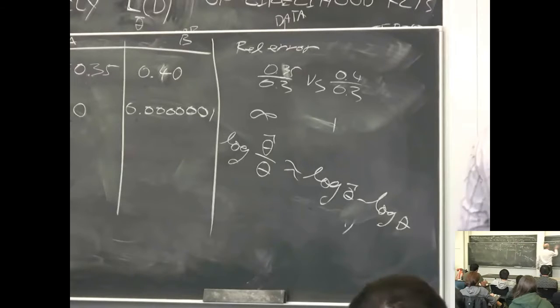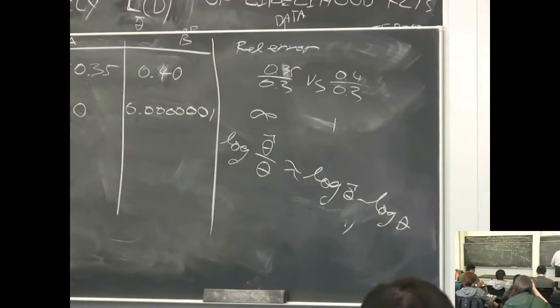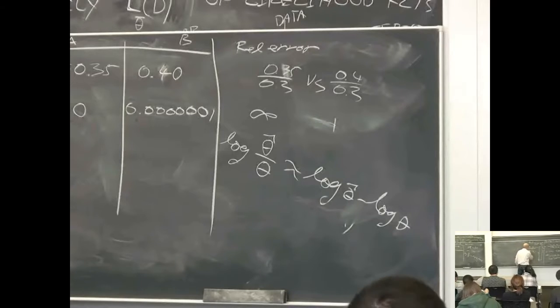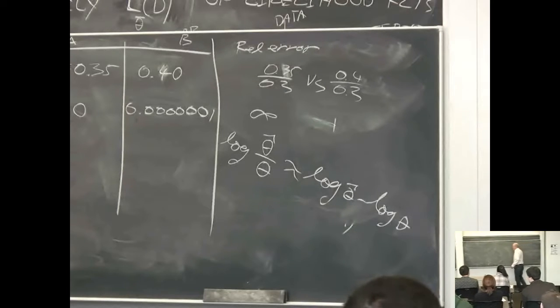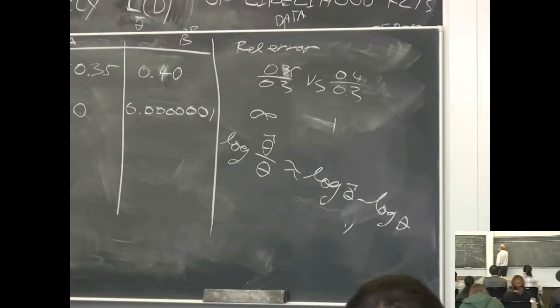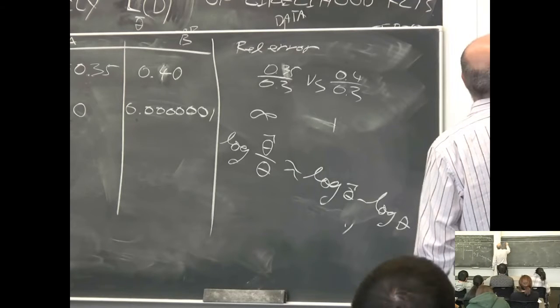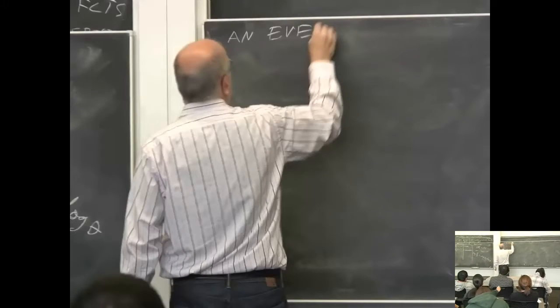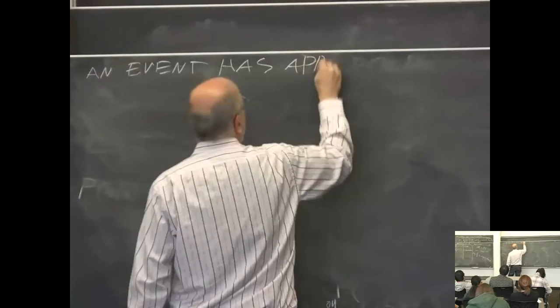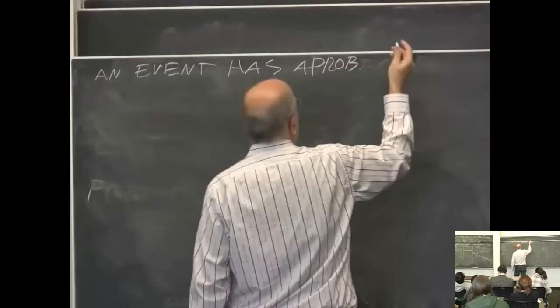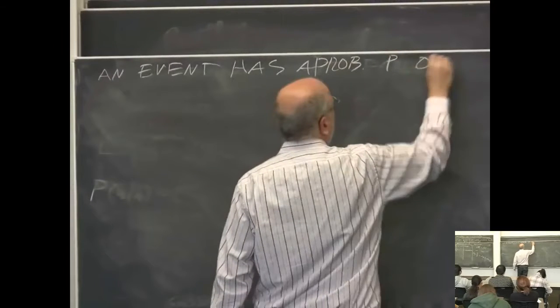So in information theory, we define the following quantities. Suppose you have an event that has a probability P of occurring.